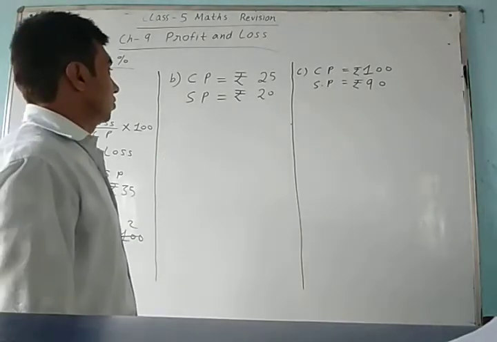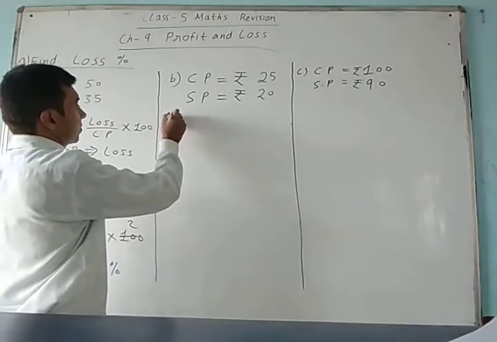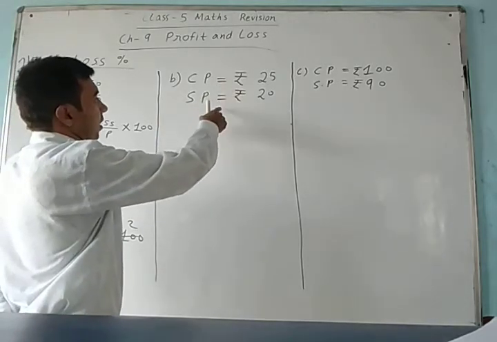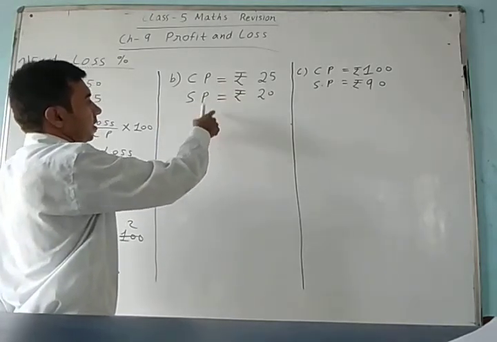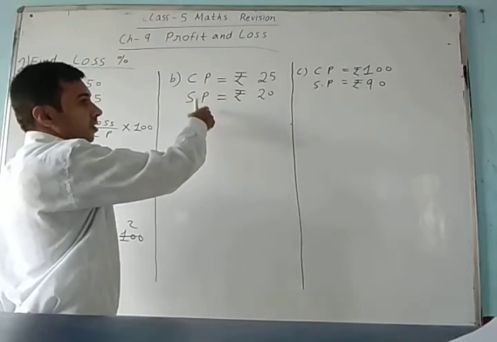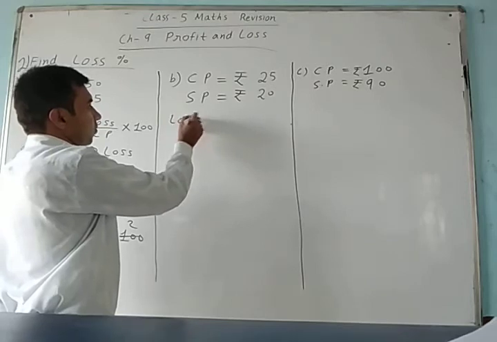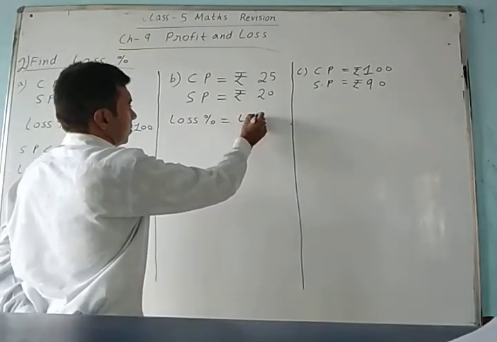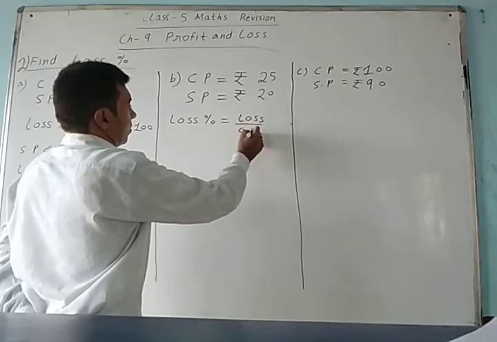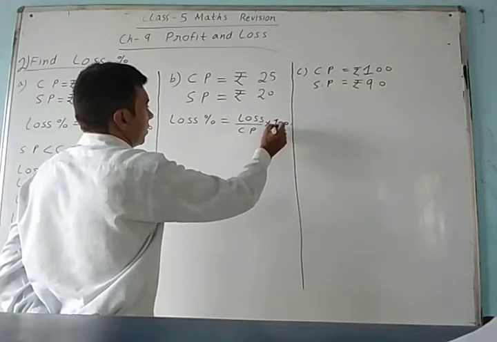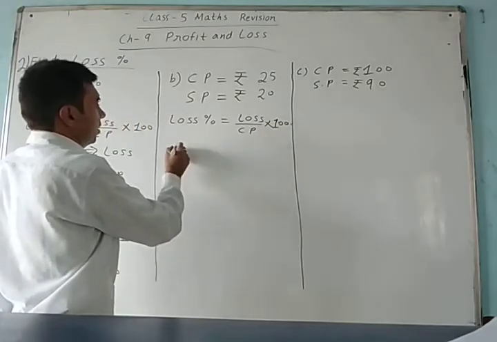Now next question: cost price is given rupees 25, selling price is given rupees 20. Cost price is greater than selling price, so it is loss. We have to find out loss percent: loss upon CP into 100.